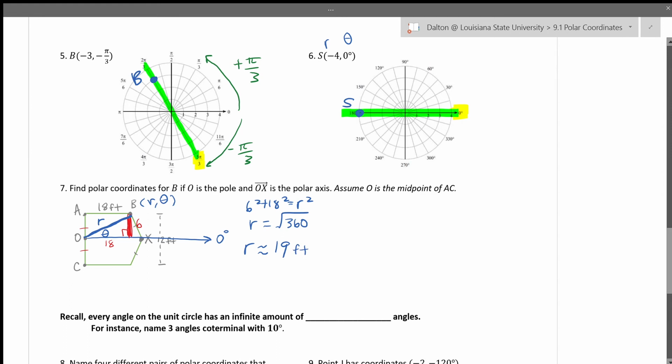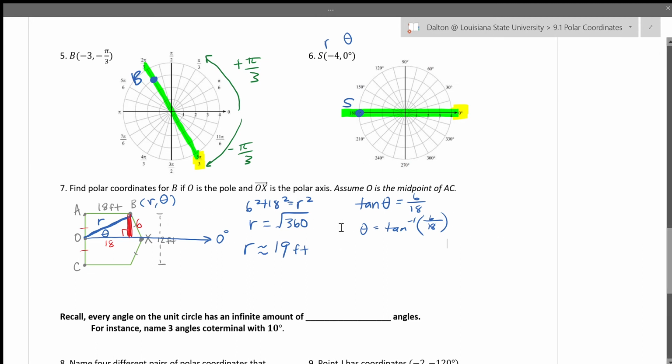And then the second coordinate is theta. This is where you needed to think ahead. If you look at that triangle and set up the tangent ratio, the tangent of theta is opposite over adjacent, which is 6 over 18. To isolate theta, theta equals the tangent inverse, or arctangent, of 6 over 18. On your calculator, make sure you're in degree mode, even though it doesn't specify.